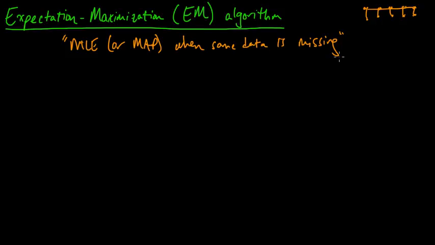And there are a huge number of other applications, because very, very often you have latent variables. These z's were latent variables. And very often in more interesting models, you have lots of latent variables floating around. And so the EM algorithm is one way to tackle the parameter estimation problem when you have missing data or latent variables.